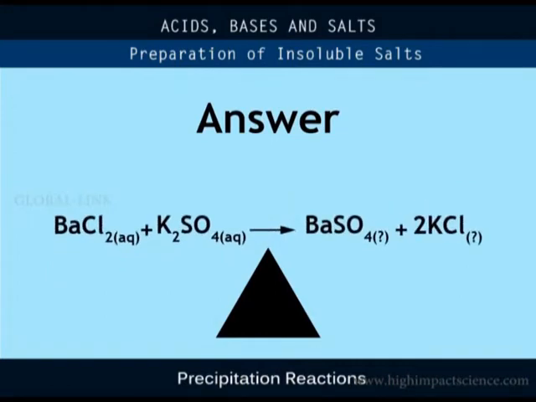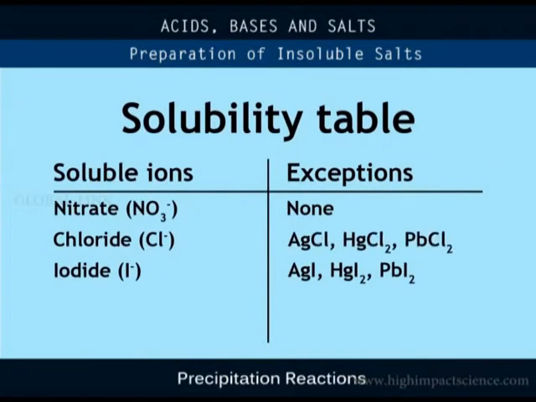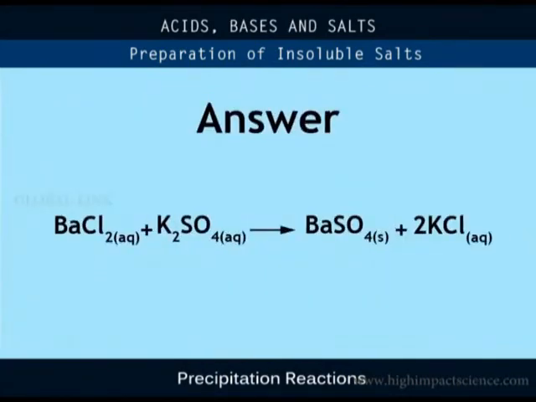Using the solubility rules, we see that all chlorides are soluble except those of silver, mercury, and lead. So, potassium chloride is soluble, forming an aqueous solution. Almost all sulfates are soluble except a few, one of them being barium sulfate. So the complete equation is as shown here.